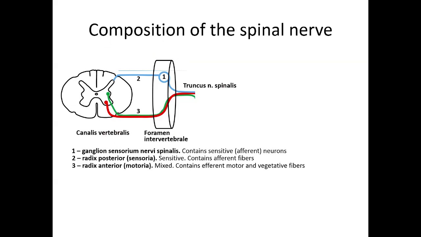Here, inside of the spinal canal, there wasn't nervus spinalis. They were not nervi spinales. They were only radix dorsalis and radix ventralis. But after leaving the foramen intervertebrale, we can find truncus nervi spinalis.